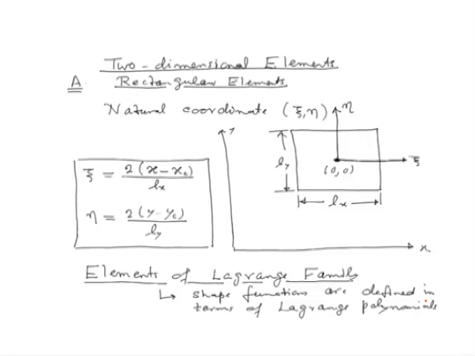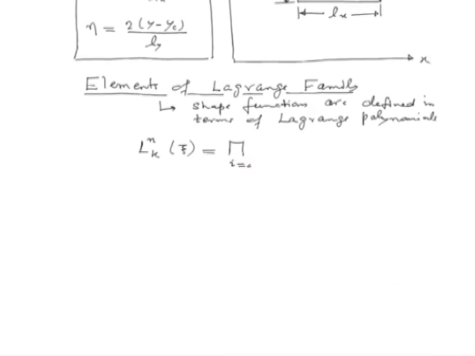That is to say, our typical Lagrange polynomial, let us call it L_k^n for a one dimensional variable xi, is defined as the product over I equal to 0 to n, I not equal to k, of (x minus x_i) divided by (x_k minus x_i). So, this is the definition of a Lagrange polynomial.